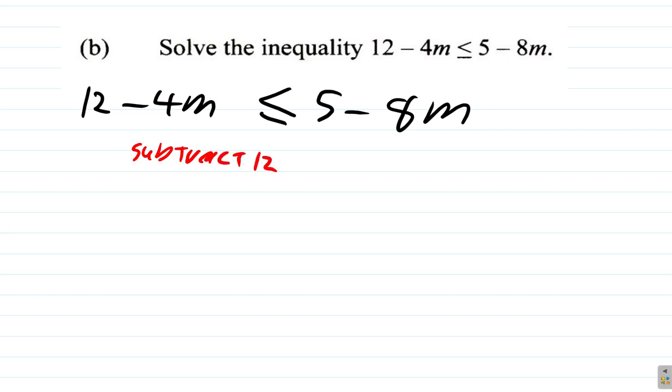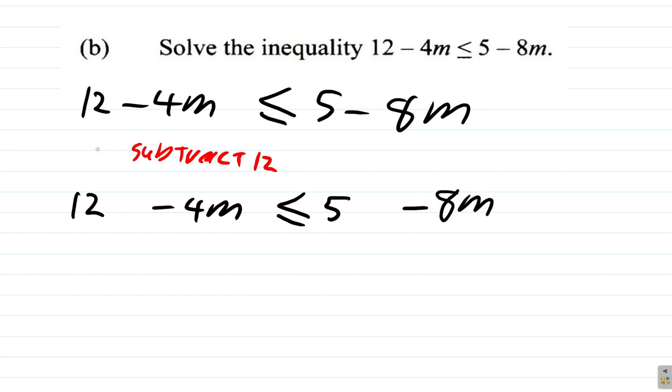subtract 12. When we do that, we have 12 minus 4m, and remember, I'm moving slow and in more detail here because we're not in an exam right now. I want you to understand the question to a certain depth.